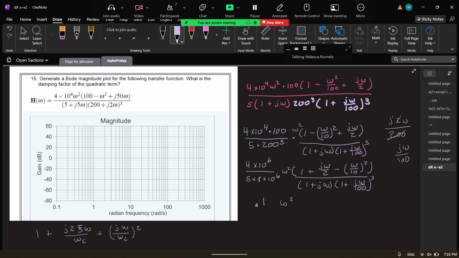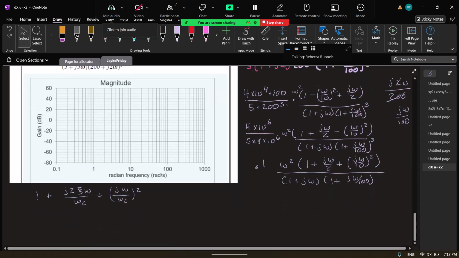So if I look right now, it looks like I don't have a j omega right here, but that's because I've got this minus. So I can rewrite this as 1 plus j omega over 2 plus j omega over 10 squared over 1 plus j omega and 1 plus j omega over 100.